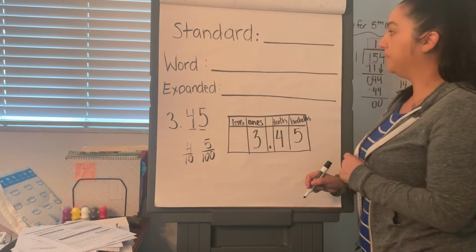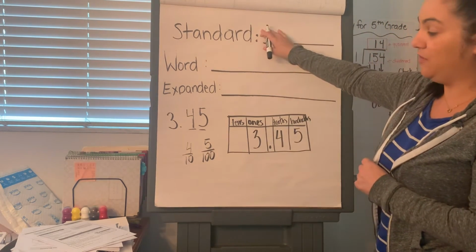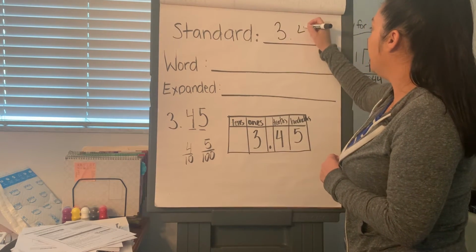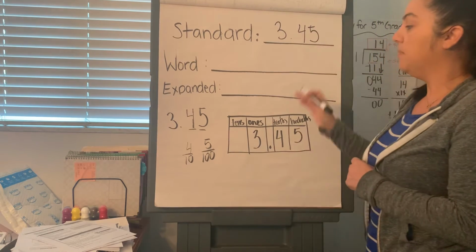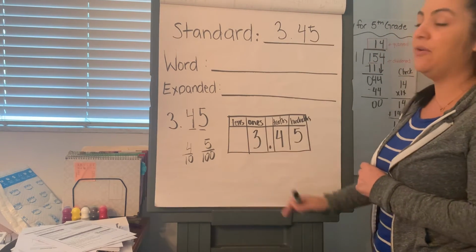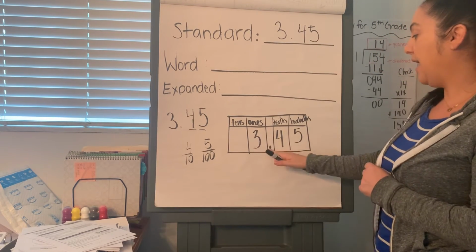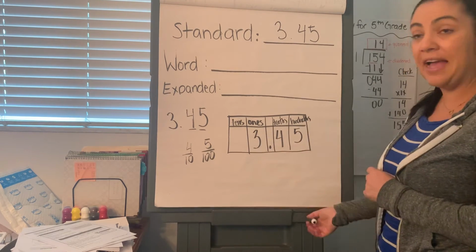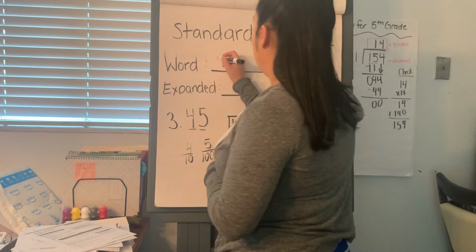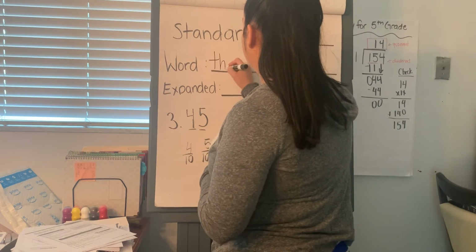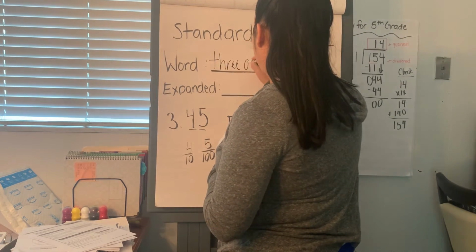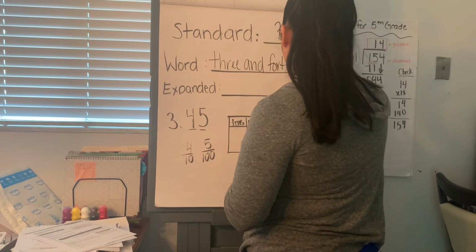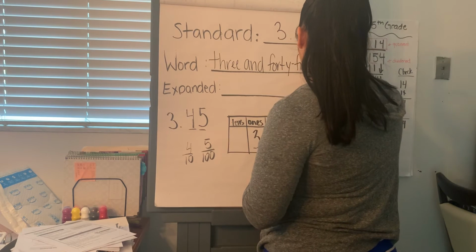Okay, remember that. Now here in your standard form, it's the actual decimal. So I would just rewrite it, 3.45. My word form would be exactly how I read it, 3 and 45 hundredths.